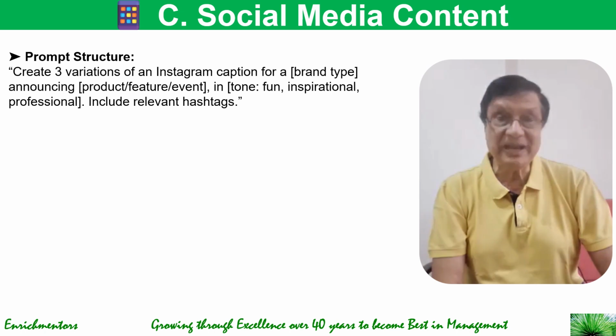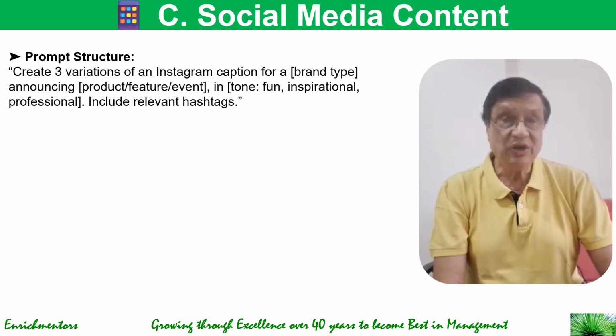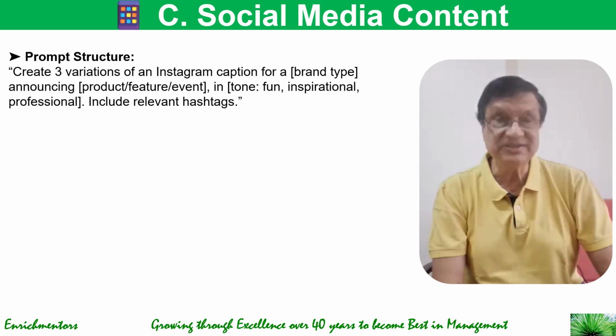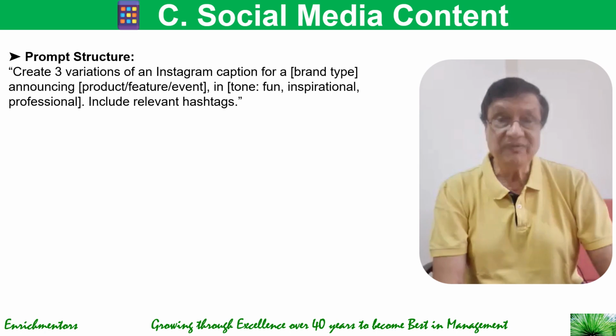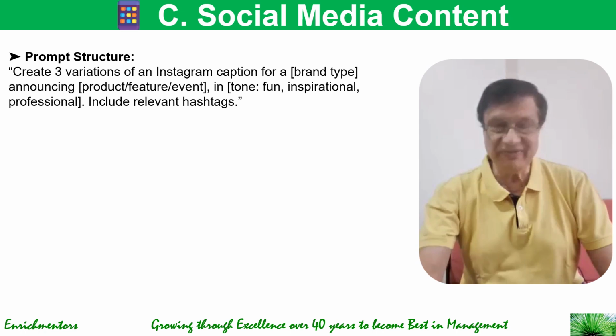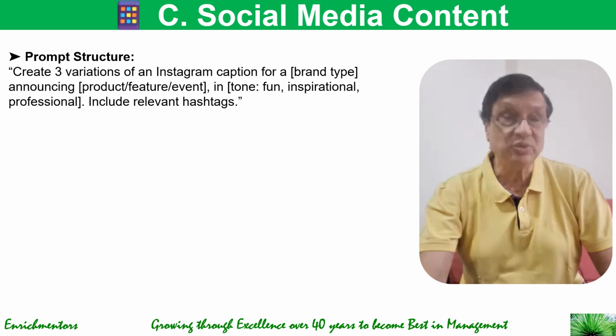For an Instagram caption, for your brand, you type announcing what the features of the product or event are, in a tone that is fun, inspirational, or professional, and include the relevant hashtags or anything else that you want.